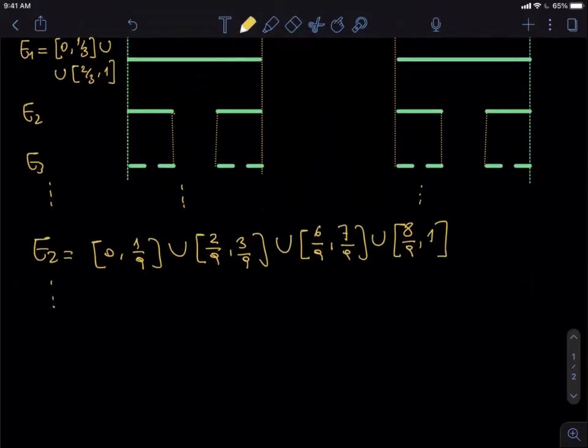Okay, if we continue in this way, we find a sequence of sets En that has two properties. The first property is that it's a nested sequence.